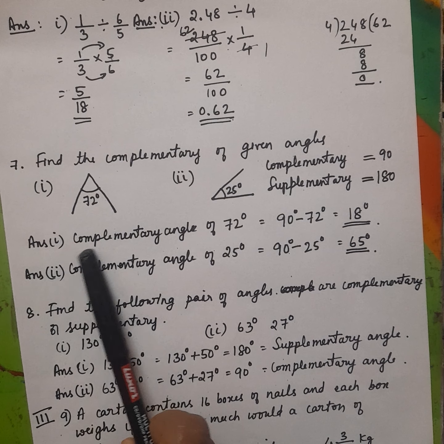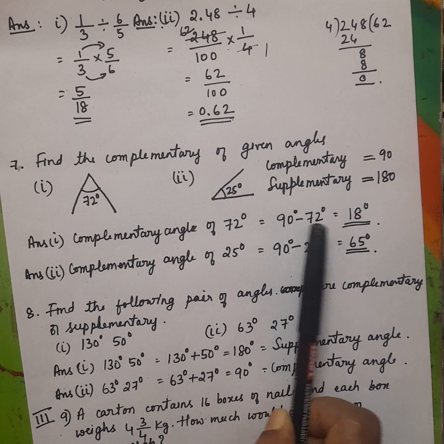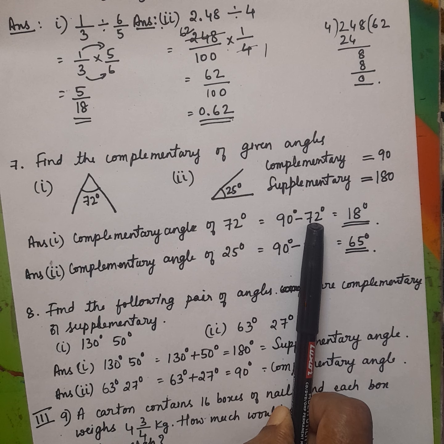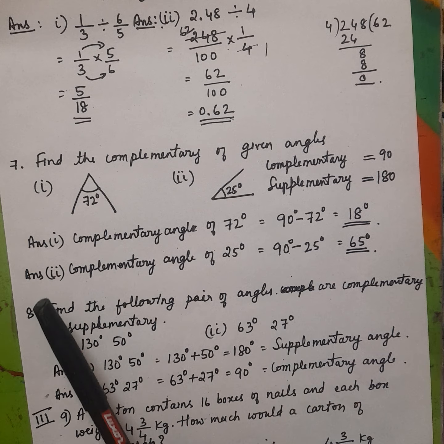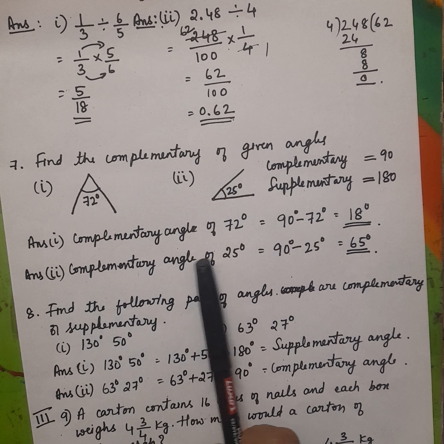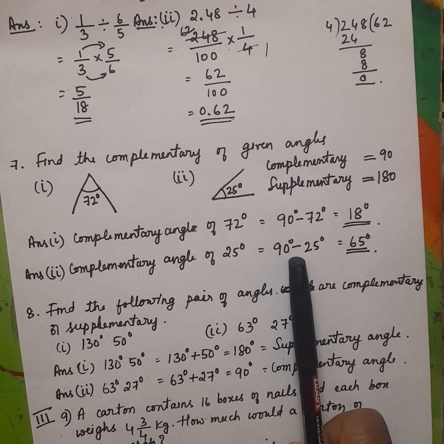So the complementary angle of 72 is equal to 90 minus 72. That is 18 degrees. When you add 18 degrees to 72, it will become 90. Next, the complementary angle of 25 is equal to 90 degrees minus 25 degrees. That is 65 degrees. When you add these two, you will get 90 degrees.